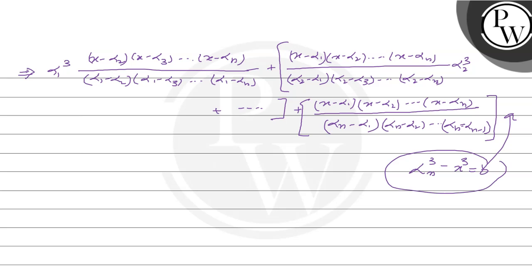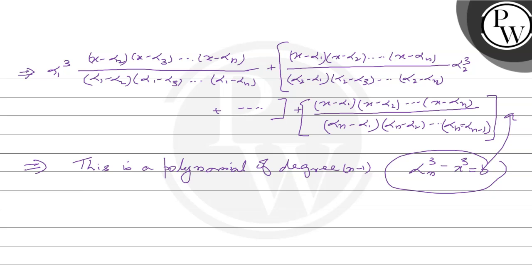So this we are getting here. So what are we finding? That this is a polynomial of degree n minus 1, right?